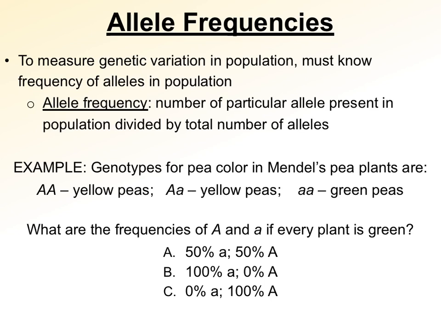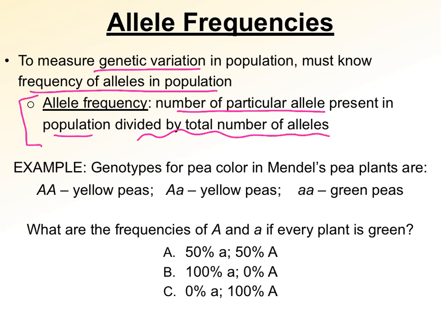Now, when we think about evolution, one thing we want to think about is allele frequency. And so to measure variation and how this variation might change over time, we're interested in what is the frequency of alleles in a population. And so here's my definition. Allele frequency is the number of a particular allele present in that population divided by the total number of alleles.